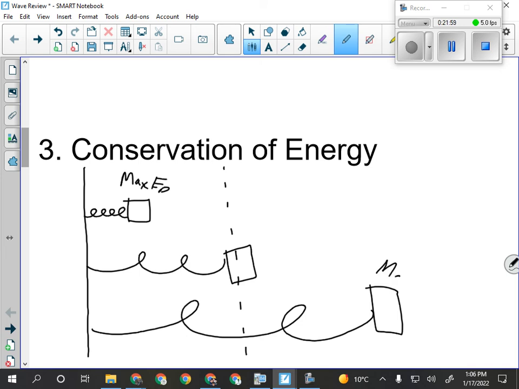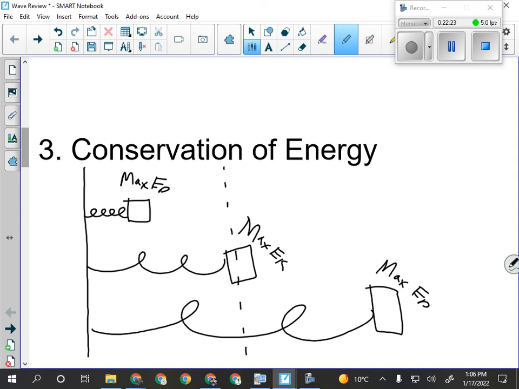Maximum EP, and remember we call this distance and this distance the amplitude. And here at equilibrium, it would have kinetic energy only, which also means it's moving fastest there. How fast is it moving at the other two positions? Right, 0.